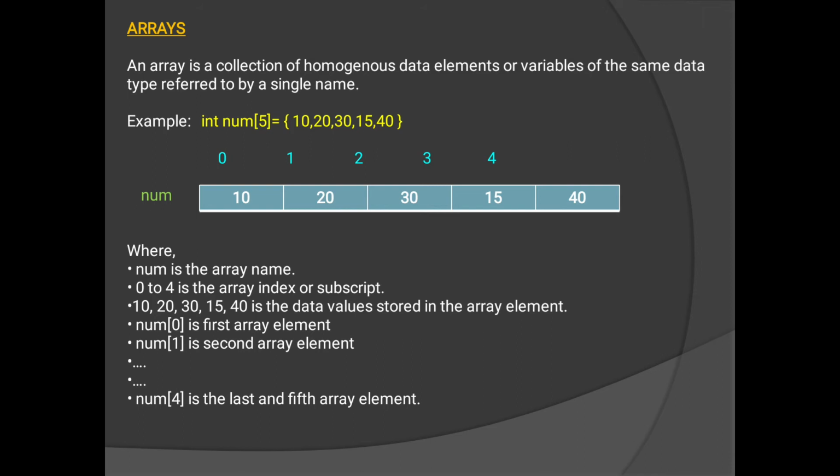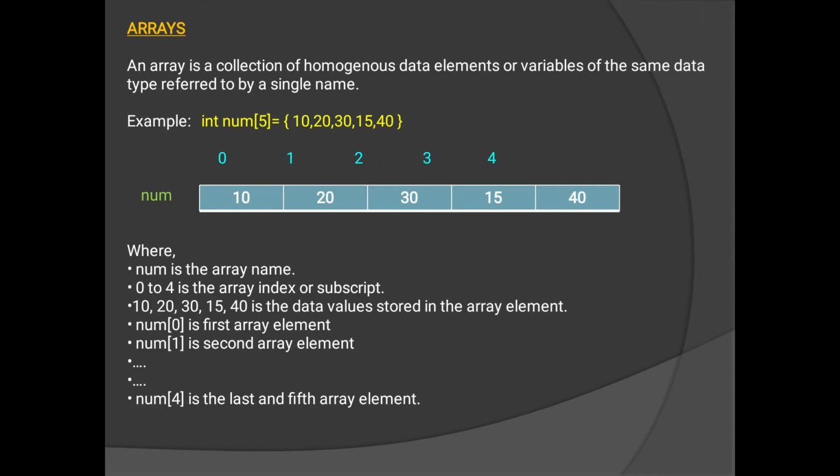As you can see in this pictorial diagram, num is the name of the array, which is a user-defined data type, just like int is a predefined or fundamental data type. Here you can see 0 1 2 3 4. This is called the array index or subscript.